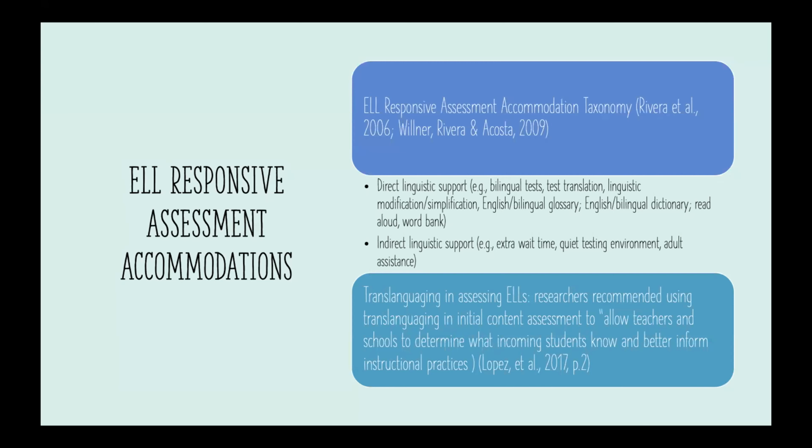But research recommends using translanguaging in the initial content assessment to allow teachers and schools to determine what incoming students know. For example, teachers can provide so-called bilingual assessment. For the same assessment task, teachers can allow students to use all their language repertoire to respond.